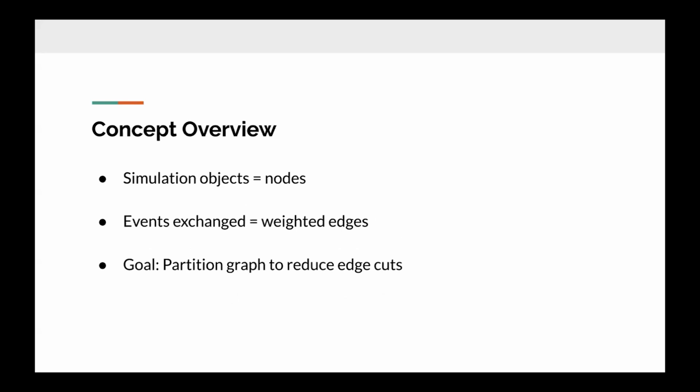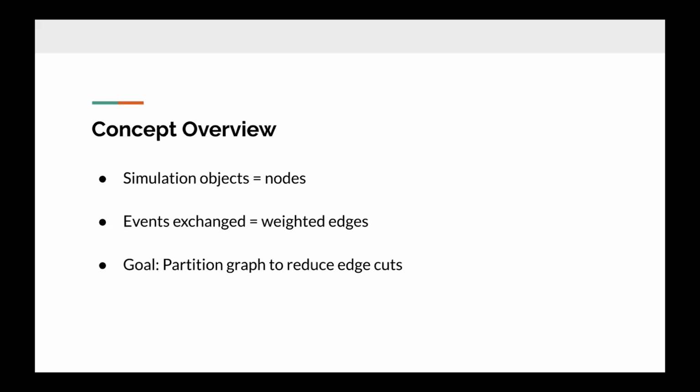Let me give you an example. If an object A sends 500 messages to object B and B sends back to A 300, then the total weight of the edge between A and B would be 800. Now the task is to partition this graph into n parts, where n is the number of processors or nodes in the parallel system.